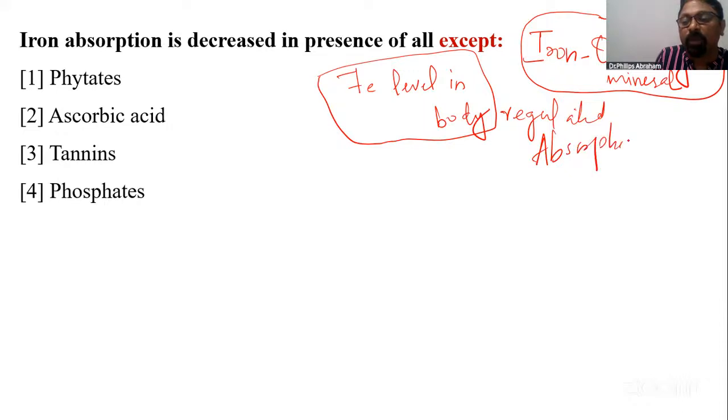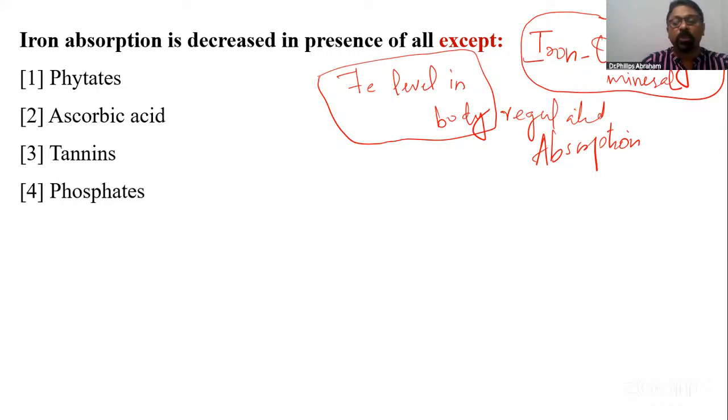Means what? Whenever we are in need of iron, iron will be absorbed. Otherwise, it will not. A simple way to understand this: when you have iron tablets, next day's morning, the stool will be very dark in color, because only a few will be absorbed, the remaining will be excreted out. The RDA is around 10, out of which only 2 milligram will be absorbed.